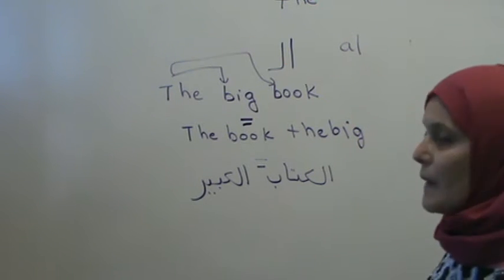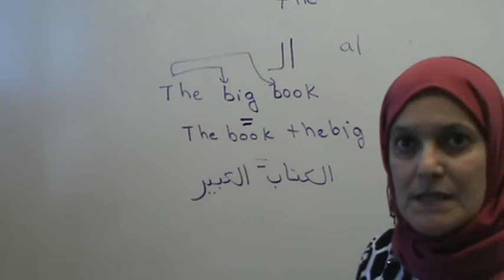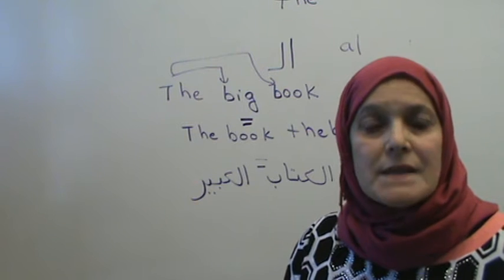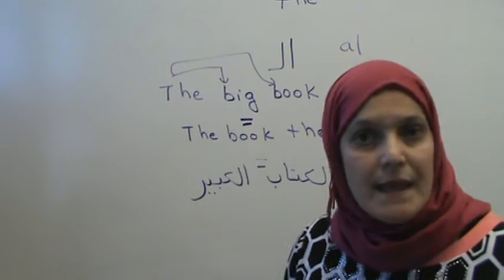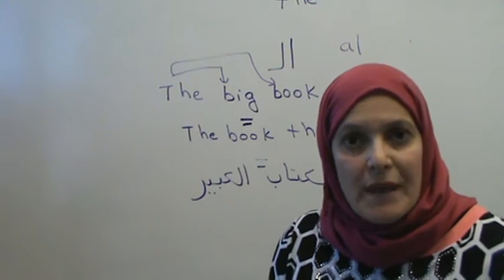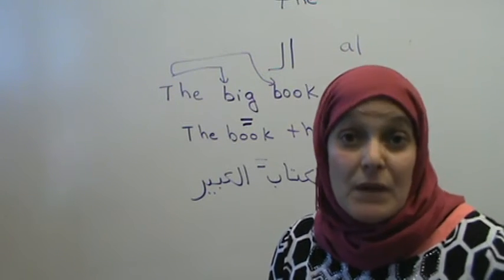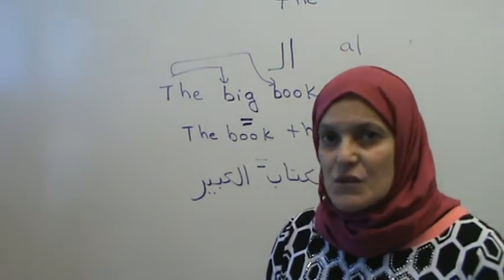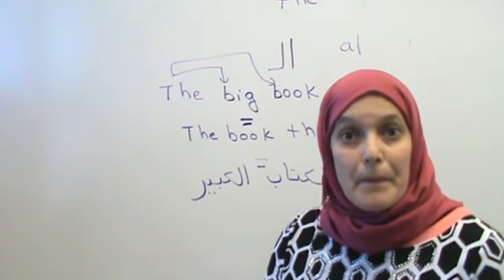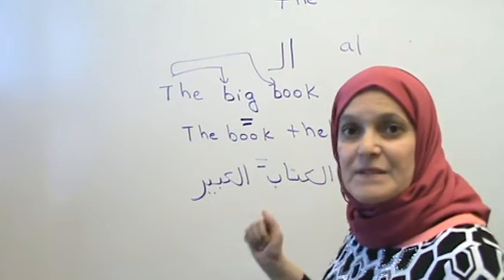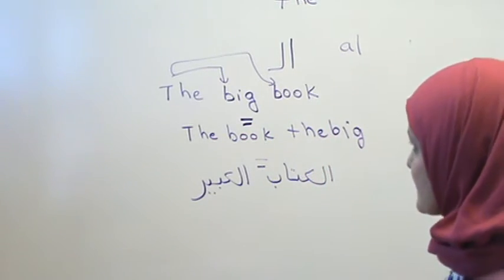Okay, now let's say you want to say the book is big, and we can't. We don't have the is in the present tense. It doesn't mean we don't have the verb to be, it's just that we don't use it. There is nothing that can express the is, but we can express it like this.